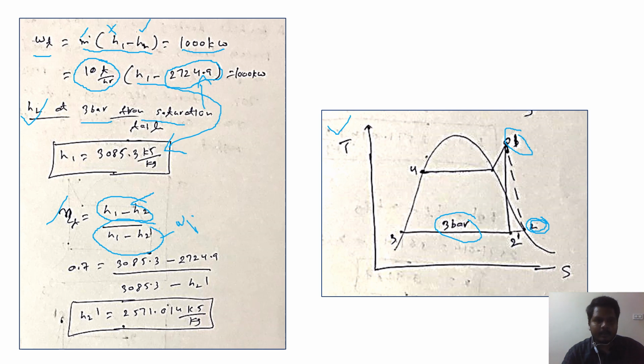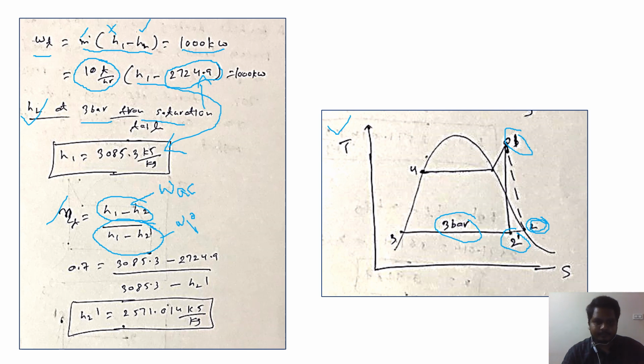Again I am repeating, isentropic efficiency equals work done by the actual divided by work done by the ideal turbine. Work done by the actual turbine is 1 to 2, when we consider the losses. So H1 minus H2 divided by work done by the ideal cycle. Ideal cycle is the 1 to 2 dash, so that is H1 minus H2 dash.